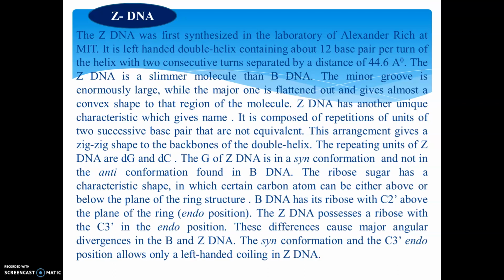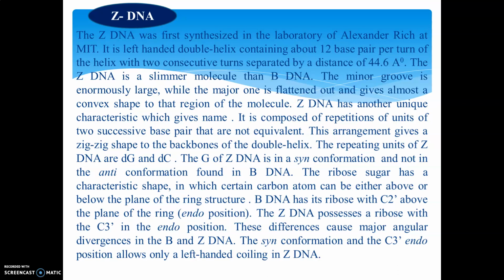The repeating unit of Z DNA is G and C, and the G of Z DNA is in a syn configuration and not in the anti configuration found in B DNA. The ribose sugar has a characteristic shape in which certain carbon atoms can be either above or below the plane of the ring structure.